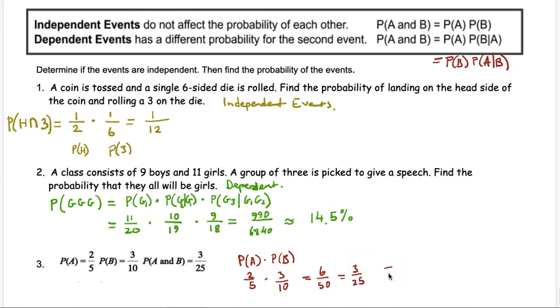And so therefore, these events are independent, because they are the same as the probability of A and B. Okay, so hopefully that illustrates it a lot easier.